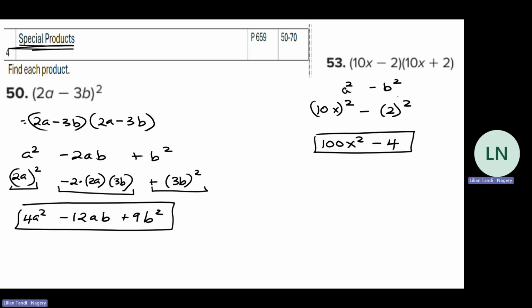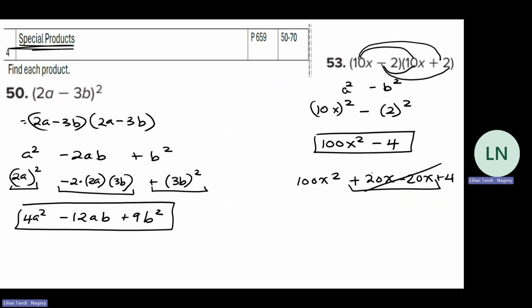Now, how do I check? Let's do that. 10x times 10x, 100x squared. 10x times positive 2, positive 20x. Negative 2 times 10, negative 20x. Negative 2 times positive 2, negative 4, because a negative times a positive is a negative.